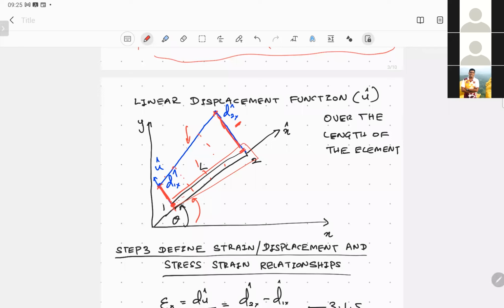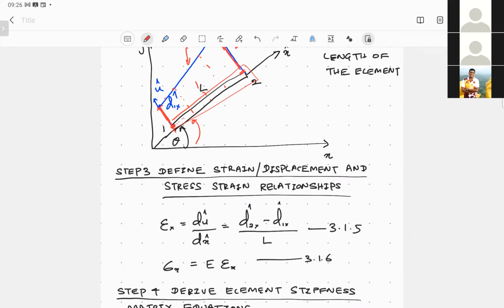So within the bar element, the displacement can be described by the u hat function. Yeah. So step 3. Now we have to relate the displacements to the strains and stresses. So let's call step 3 defining the strain relationship to the displacement and the stress, and applying the stress-strain relationships.